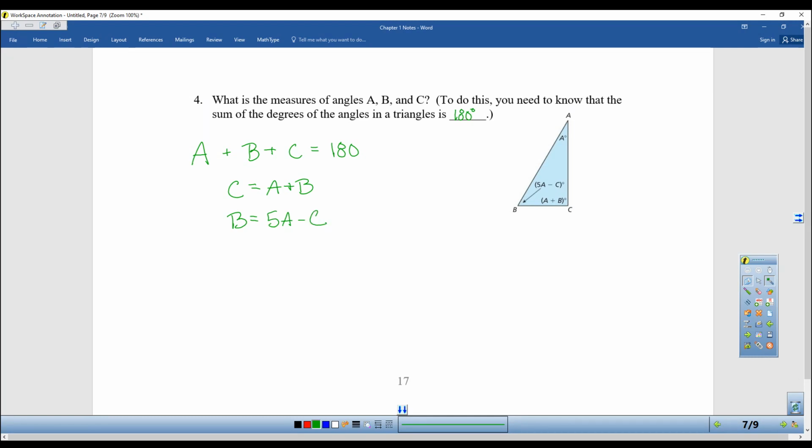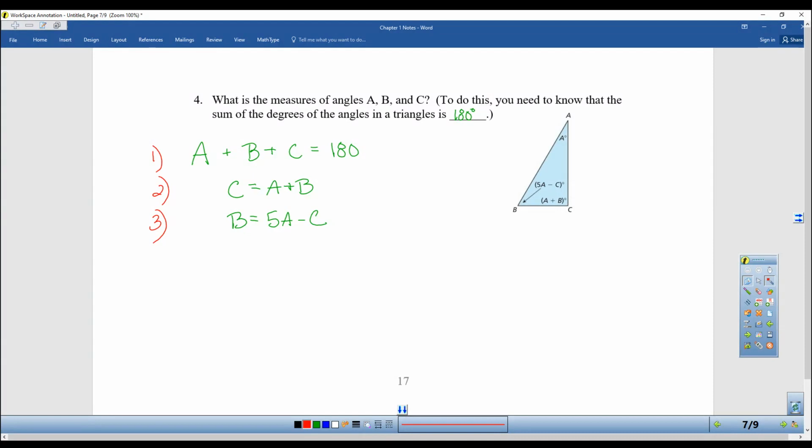So now you can choose what method you want to use, but I would not call them equations A, B, and C. You can call them equations 1, 2, and 3 if you would like to, or X, Y, Z, but you can't call them A, B, and C since that's already in there. So let's see. Sometimes you might have to look at it for a minute and think, what's the easiest thing to do?